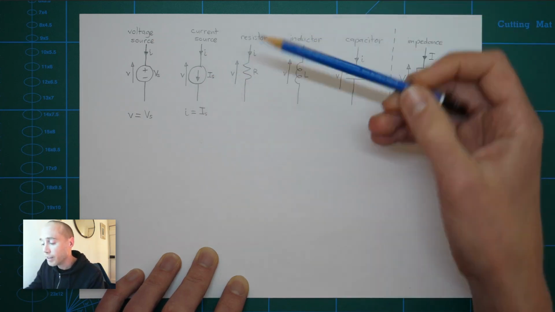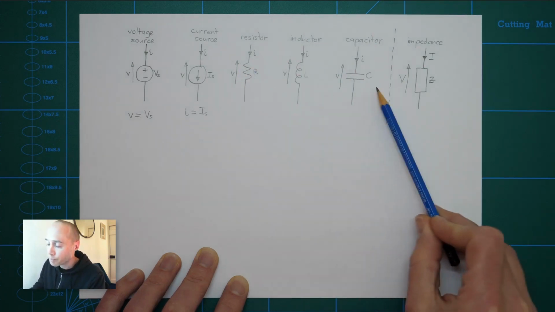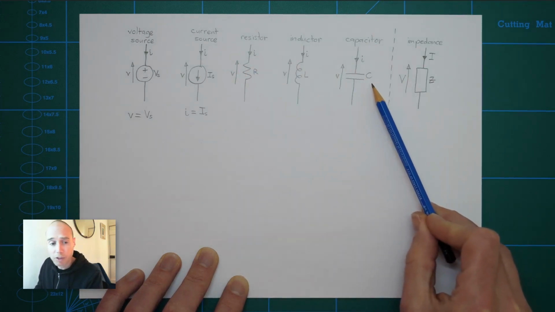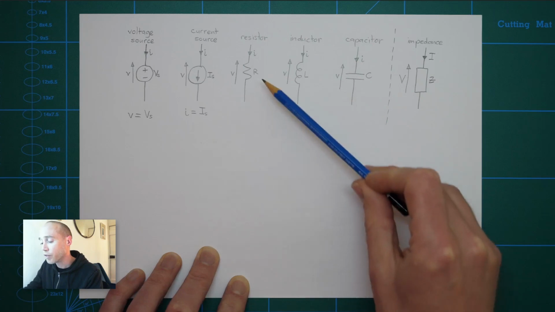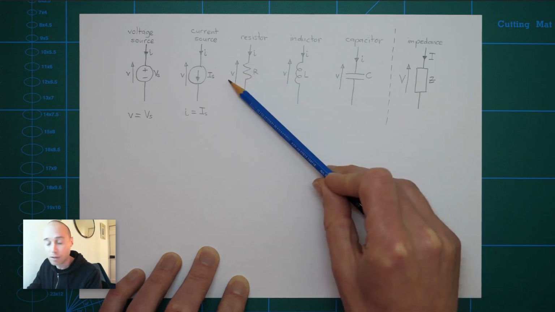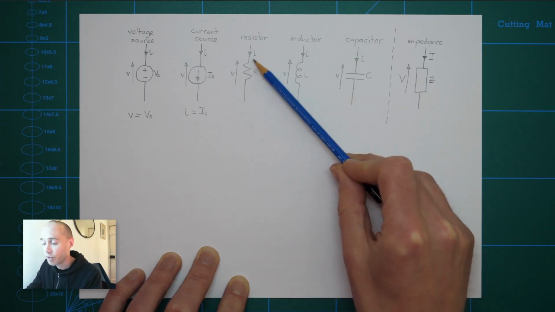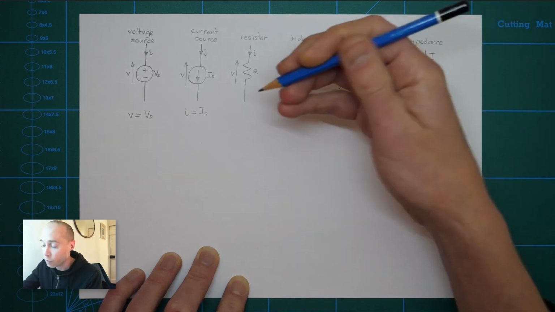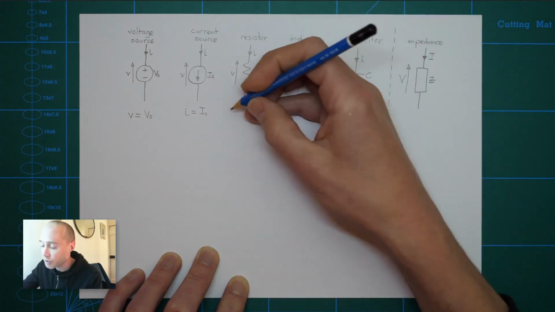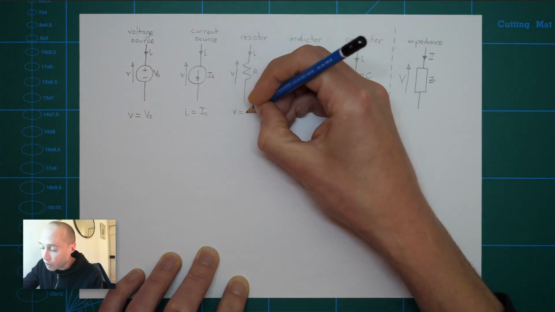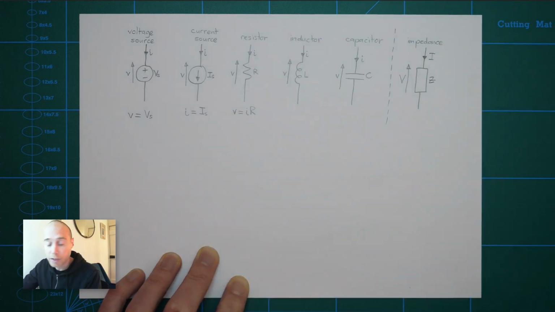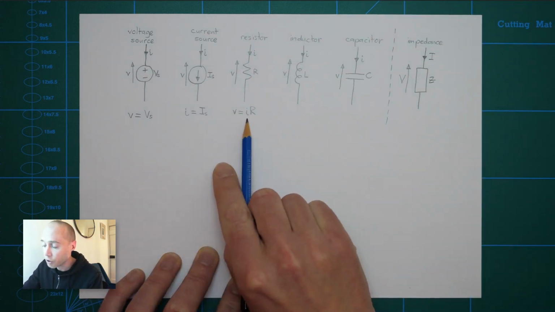Now conversely, the passive elements define some relationship between the voltage across the element and the current flowing through it. The most familiar of these, of course, is the resistor. V is equal to IR. So Ohm's law tells us the relationship between voltage and current in a resistor.